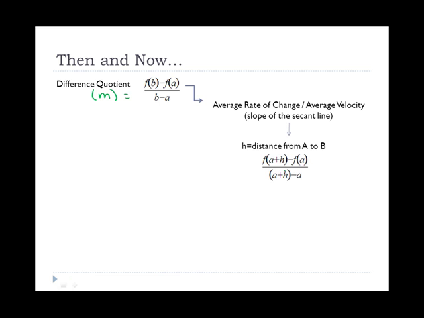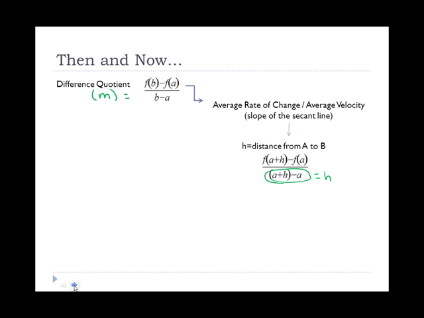Remember that h is the distance from A to B. So don't panic about this thing right here, because what is A minus A? It's h. That's just telling you the distance from A to B is h, the horizontal distance.